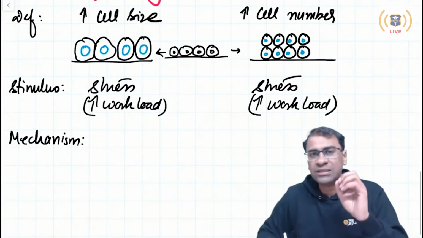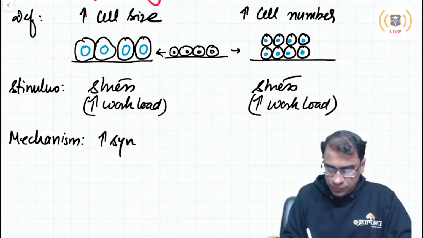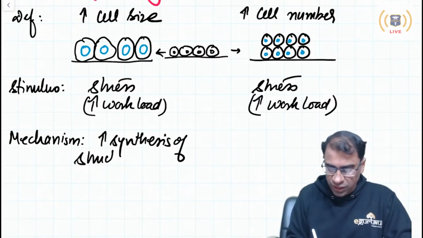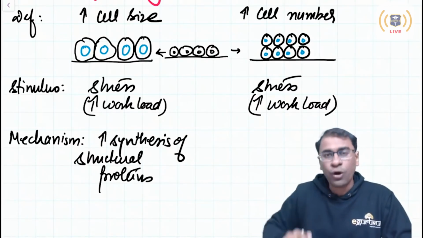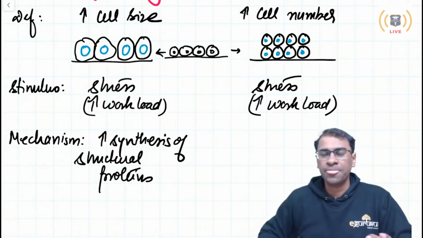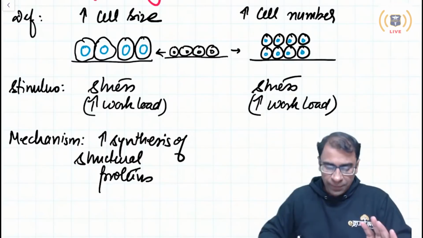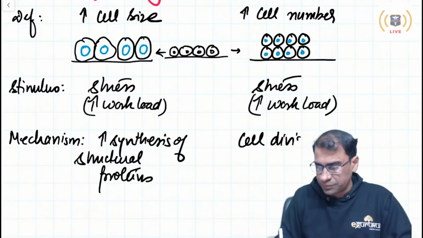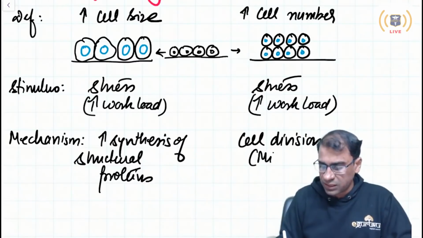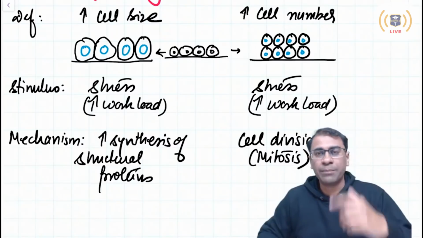See, the mechanism for hypertrophy is increased synthesis of structural proteins. That is what happens in hypertrophy. I'll talk about how it happens mechanically. But hyperplasia occurs because of cell division. In simple terms, it is increased mitosis, which brings upon the hyperplasia.